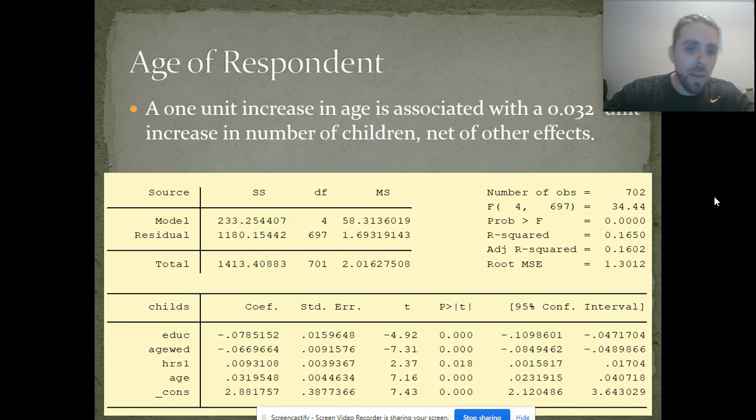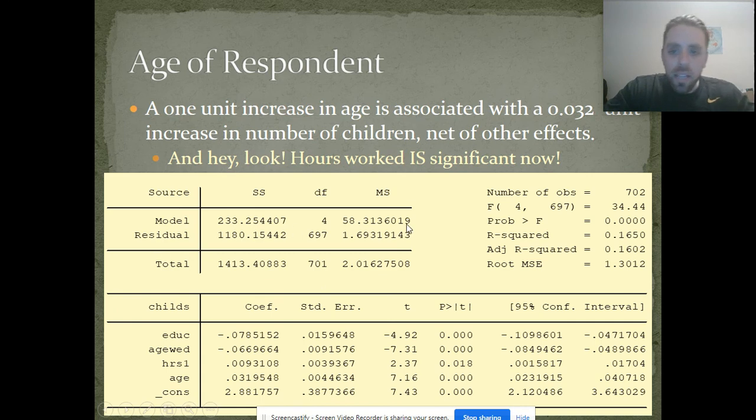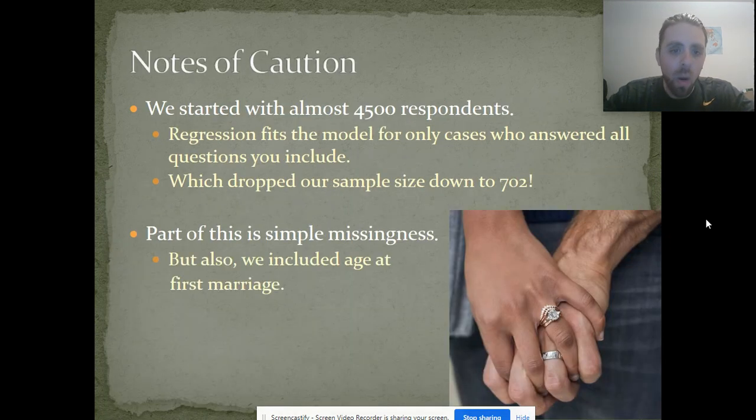So put another way, if I go back here, these are the 702 people who answered the question for how many children they have, their years of education, their age at first marriage, their number of hours worked in a given week, and what their own age is. It's pretty much just one variable that screwed this up for us. Because you remember, education has like 17 non-valid cases, age has like 20. The one big one here was that we included age at first marriage.